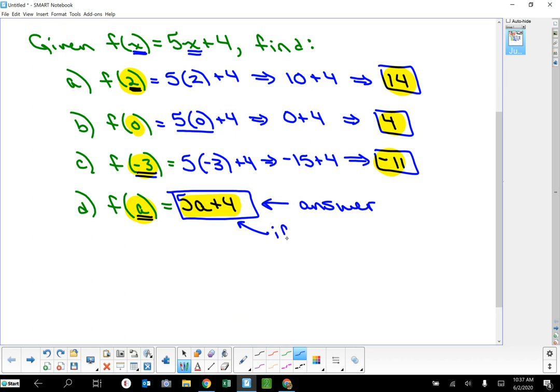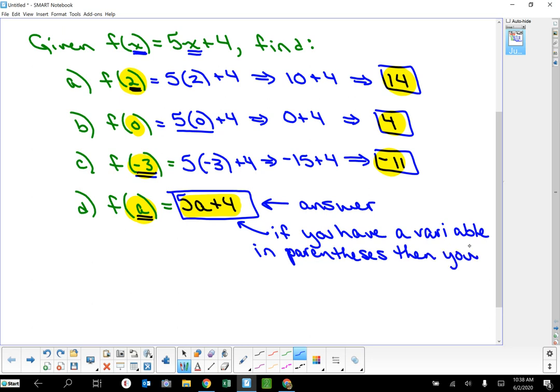So if you have a variable in the parentheses, then you will have an expression as your answer.